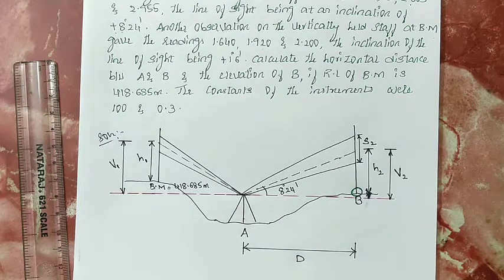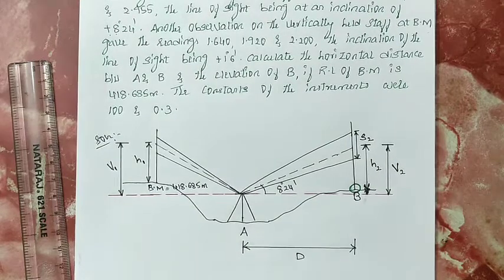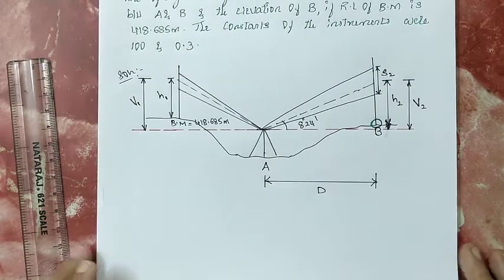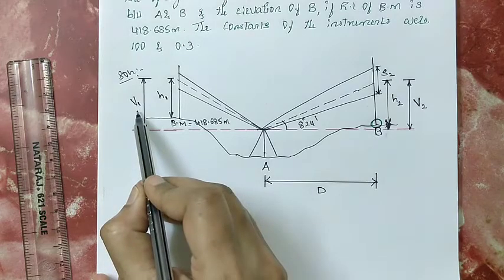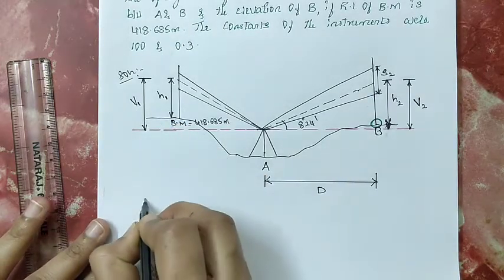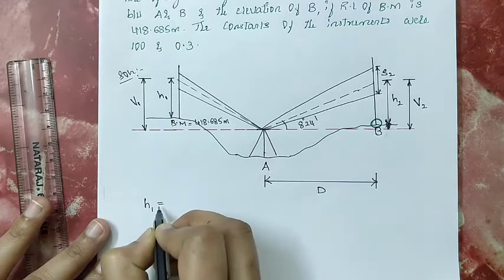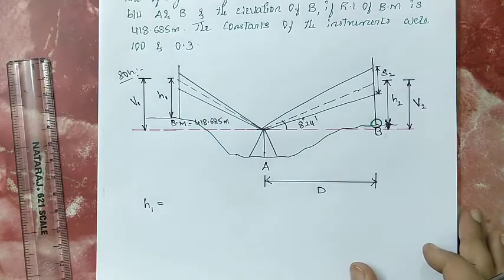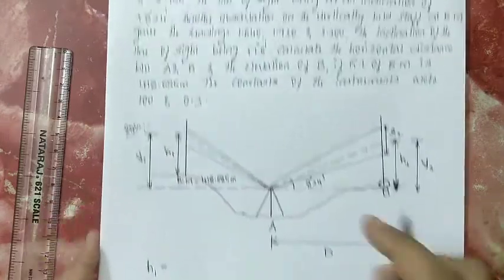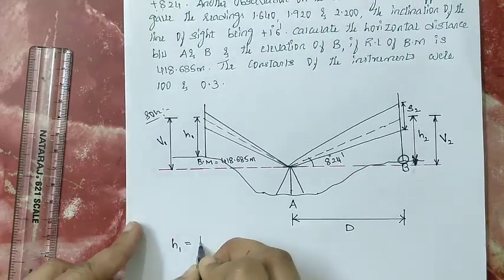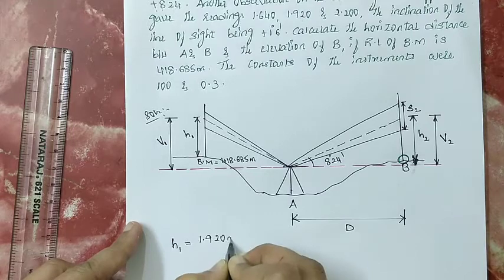So you can observe here. From the first observation, first you calculate the vertical component. Before that, write down the H1 value. H1 is the middle hair reading, the observation which is taken on the benchmark. The stadia readings they have given, the middle hair reading, is 1.920 meter.